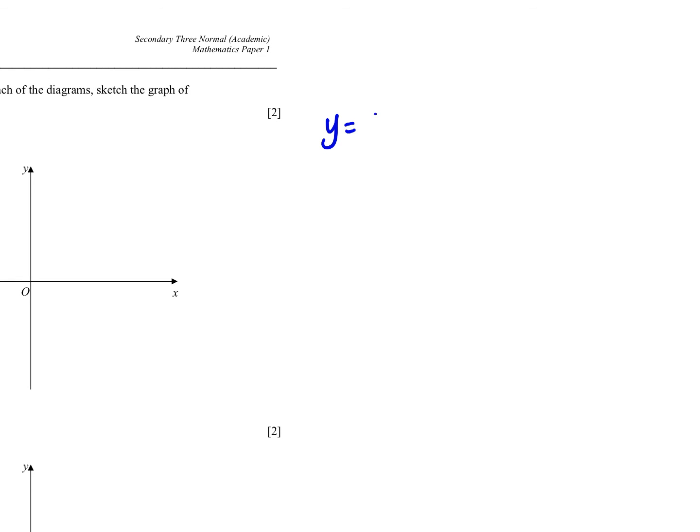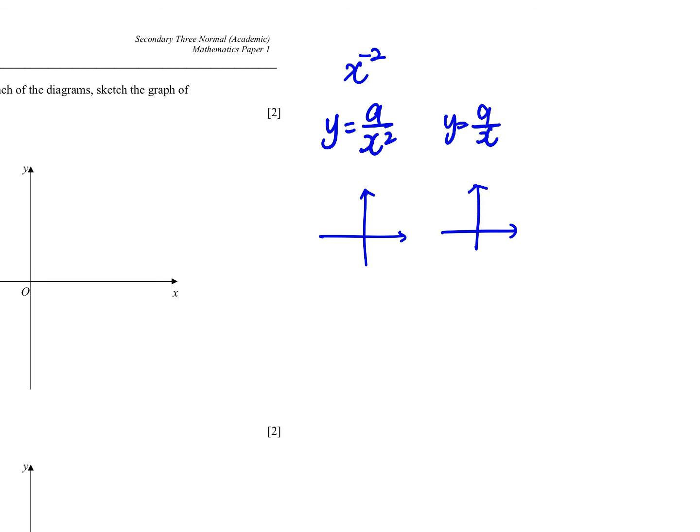y equals a over x squared, power negative 2. What is the picture? You don't remember. y equals a over x. What's the picture? This one, you all don't remember. Alamak. y equals a x to the power of 0, so y equals a.